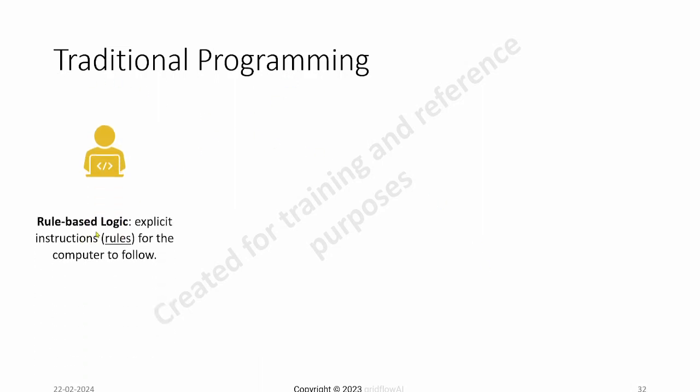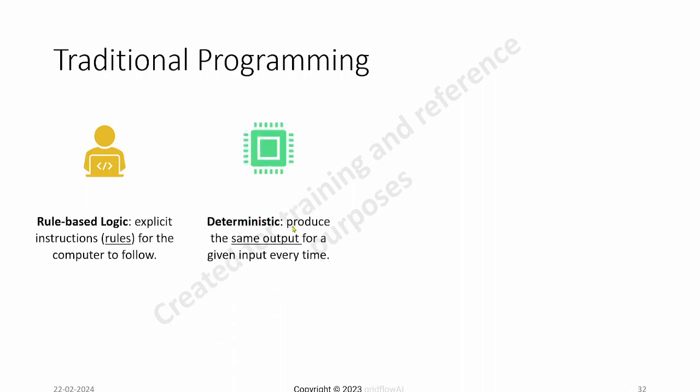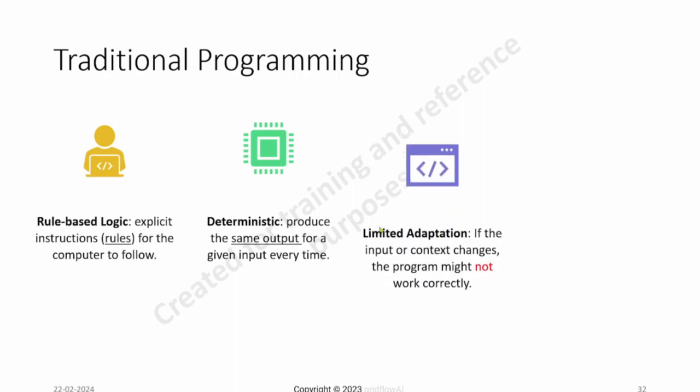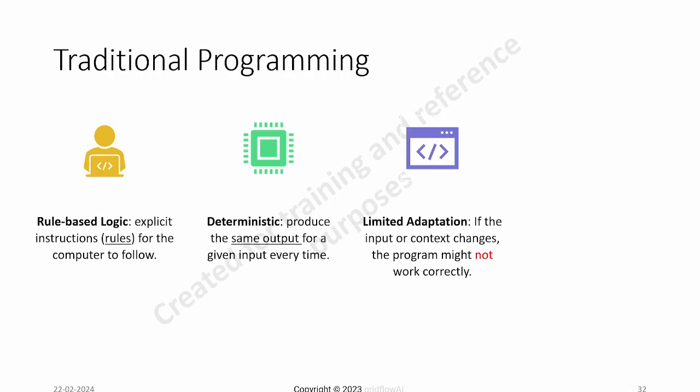Traditional programming is typically rule-based, and that means we provide explicit instructions for the computer in terms of a program. And the outcome from traditional programming is deterministic. That means whatever rules you have defined, the output is going to be very deterministic, not probabilistic.